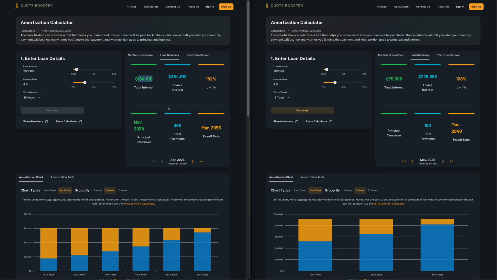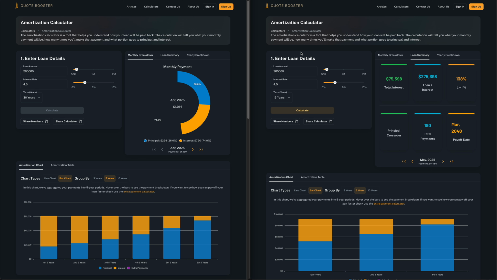For the same asset, a $200,000 house, you'd be paying $364,000 for that asset or $275,000 for that asset. The loan plus interest percentage is, you're paying 138% over that loan amount, whereas for a 30-year loan with that interest, you're paying 182%. That's the loan and interest combined as a ratio to the loan amount.